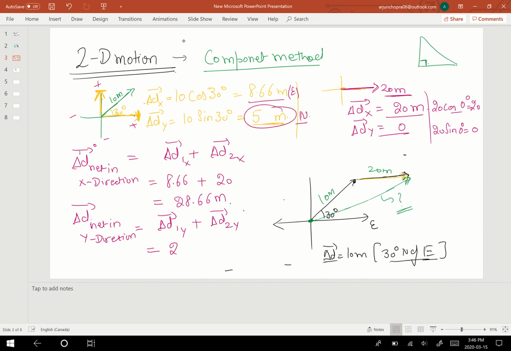If this was in the south direction, I would have taken this value as negative here. So I've kept it as 5 positive. So 5 plus 0 is equal to 5 meters. Now I figured out the x and y components.